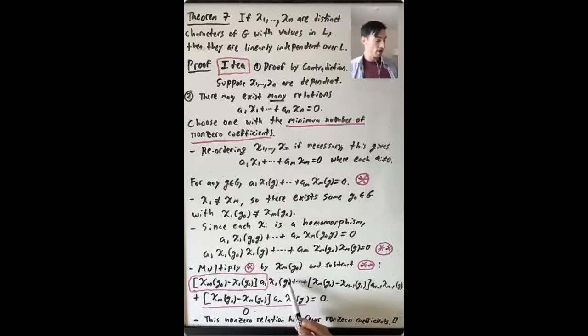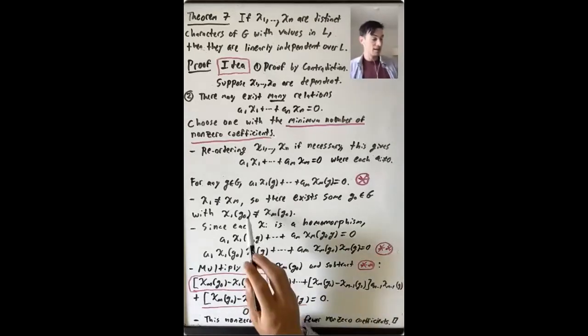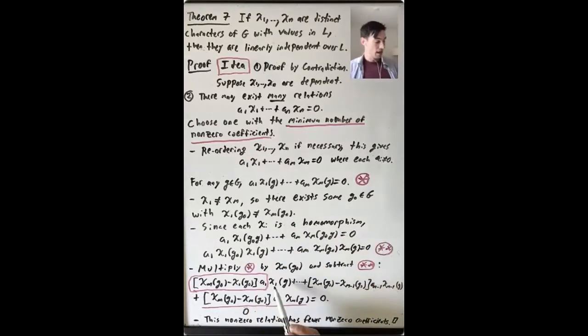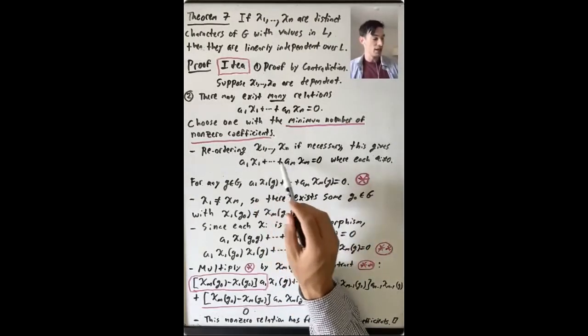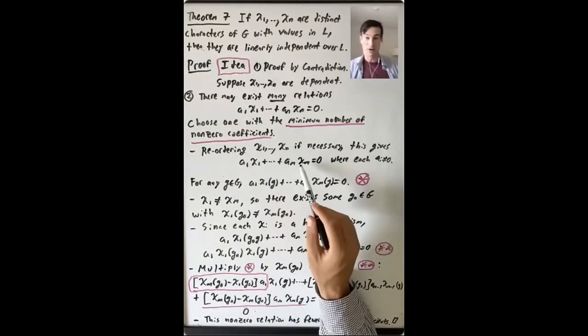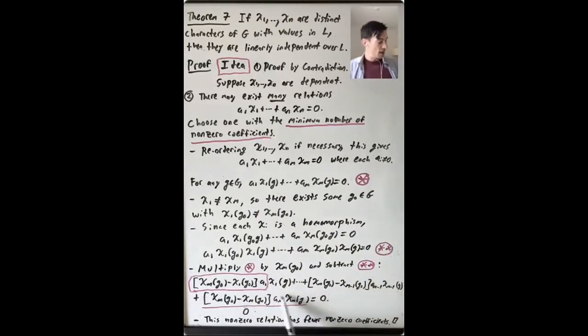The chi1 of g coefficient is not 0 because we know chi(m) of g0 minus chi1 of g0 is not 0, and we know that a1 is not 0. So what have we gotten? We've used this relation with exactly m non-zero coefficients to find a non-zero relation where now this coefficient is 0.